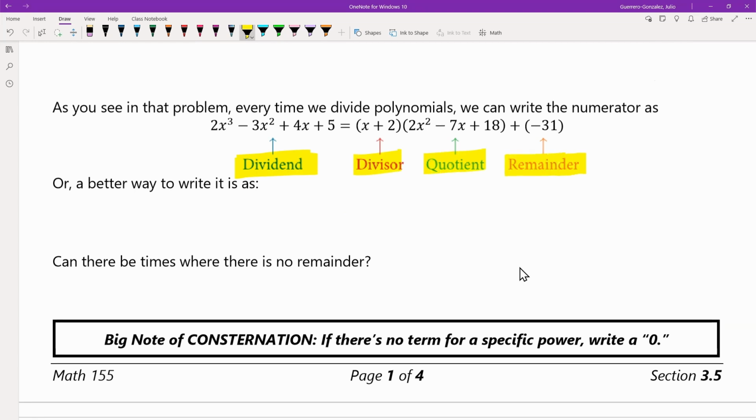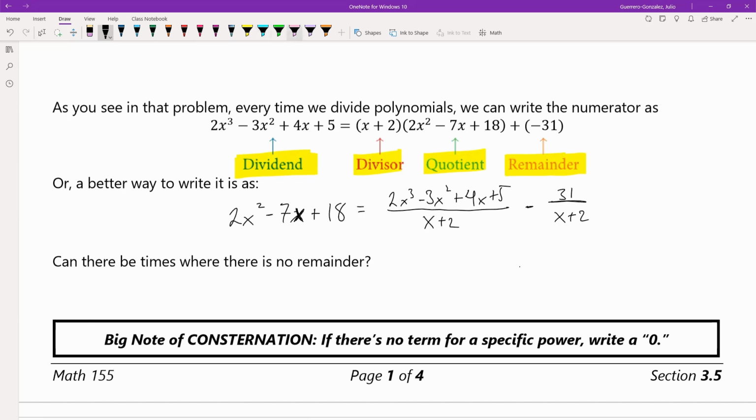Another way we can write this is: 2x squared minus 7x plus 18. That is the same thing as my 2x cubed minus 3x squared plus 4x plus 5, which we were dividing by x plus 2, minus 31 over x plus 2.